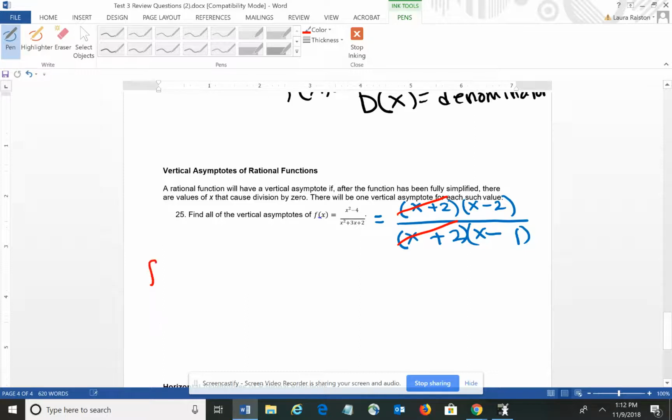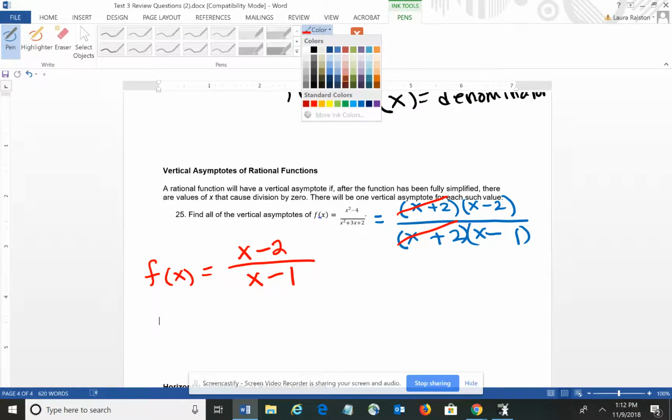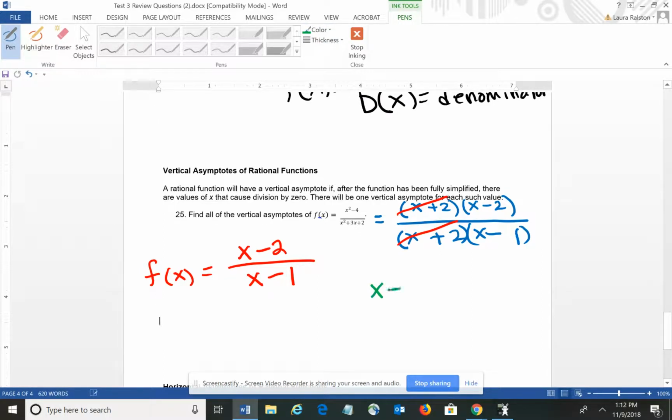So once we've simplified it, we have the rational expression x minus 2 over x minus 1. And we want to avoid the denominator being equal to 0. So if I take the denominator, which happens to be x minus 1, and I set it to 0 and solve by adding 1 to each side, I have x equals positive 1.